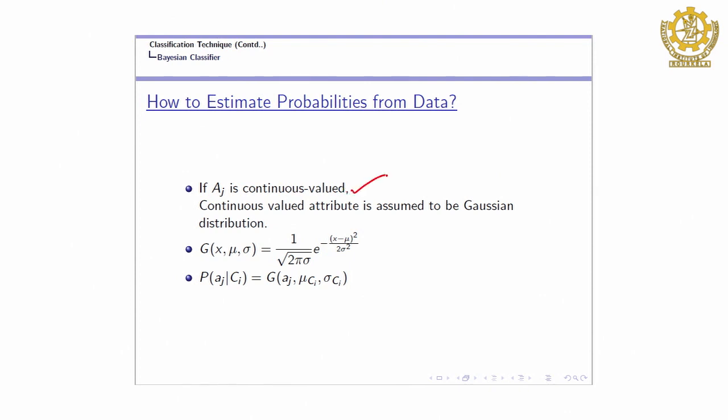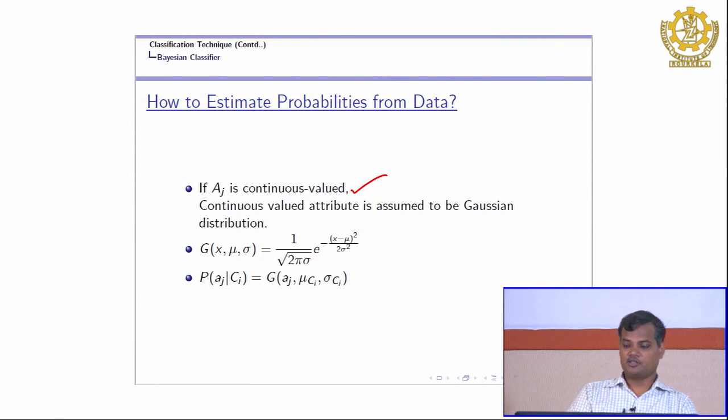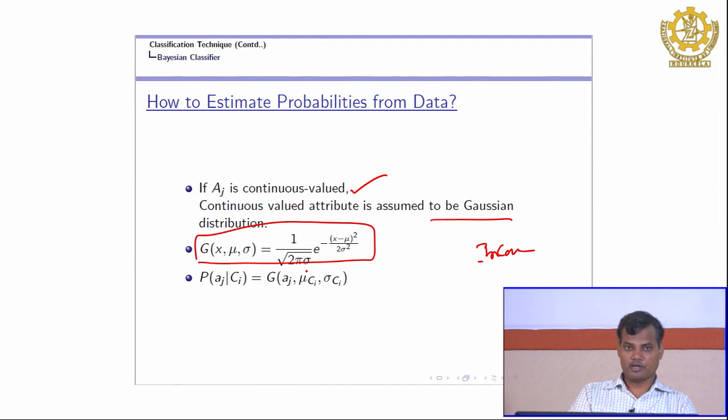It is a 1D Gaussian distribution, which we can write as 1 by root over 2 pi sigma, e to the power minus (x minus mu) square by 2 sigma square, where mu is the mean and sigma is the standard deviation of all the values belonging to that particular attribute.